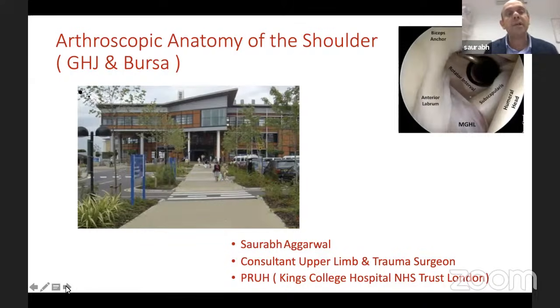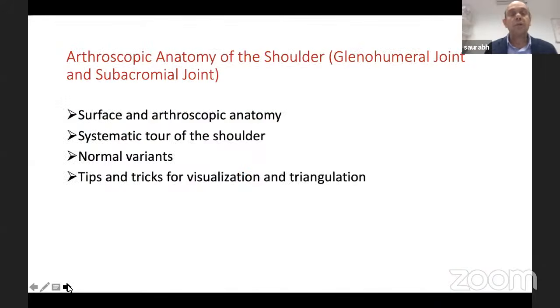our topic today is arthroscopic anatomy of the shoulder. So we want to talk about the glenohumeral joint and subacromial space, bursa and rotator cuff. These are the topics that we're going to touch base on today. We'll start with setup, patient positioning, surface anatomy, bony landmarks, and then finally the arthroscopy.